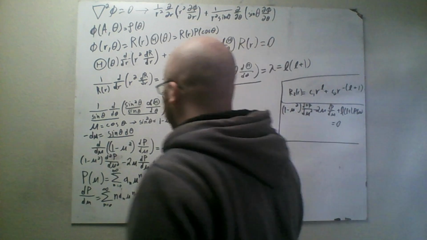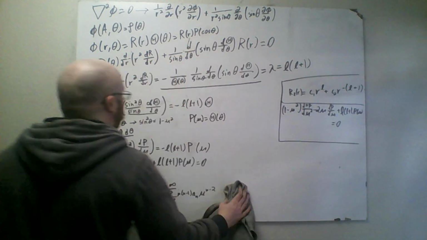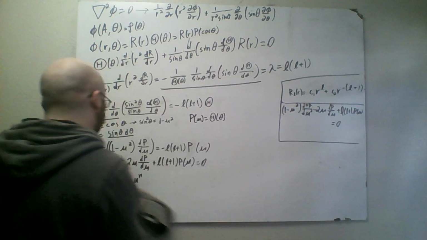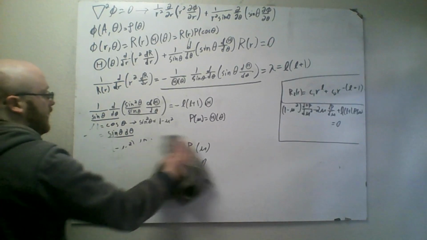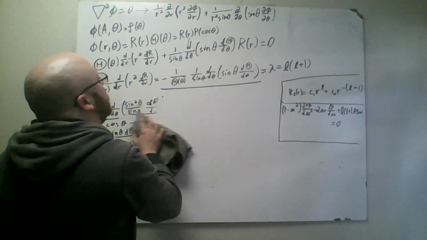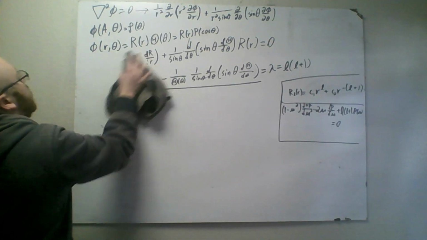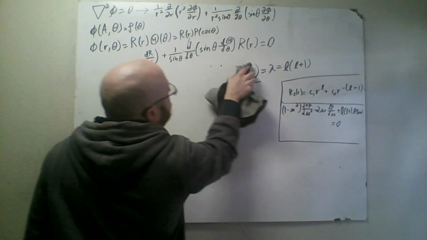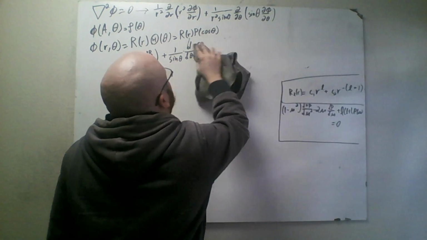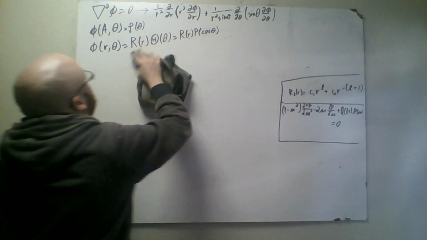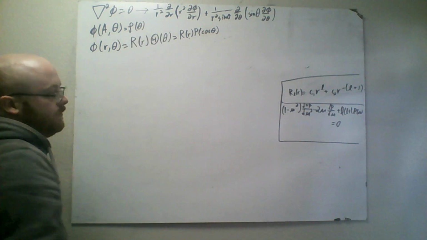It's not written too cleanly, but it should work. And then I already know that p of mu, I'm just going to assume it's an analytic polynomial of some sort. I just really need the space. I guess I can leave that up there since it's not doing anything.